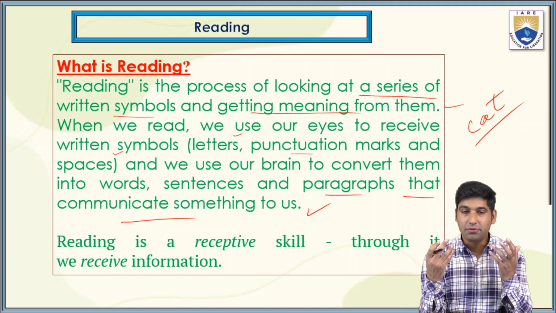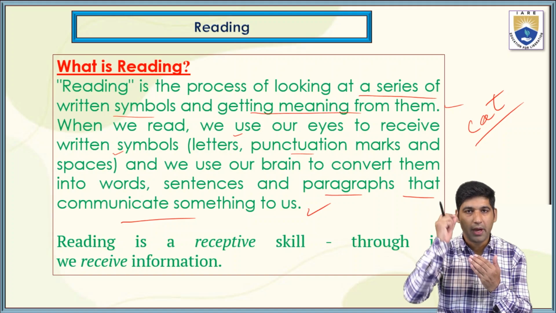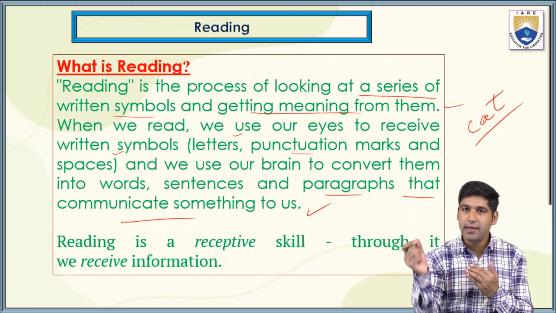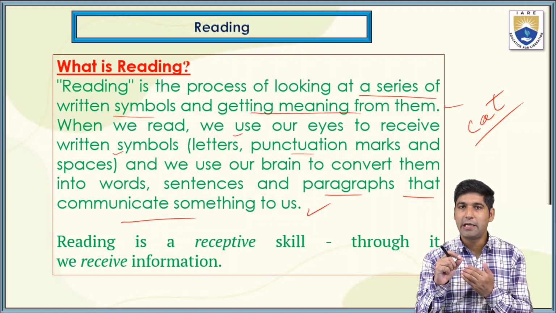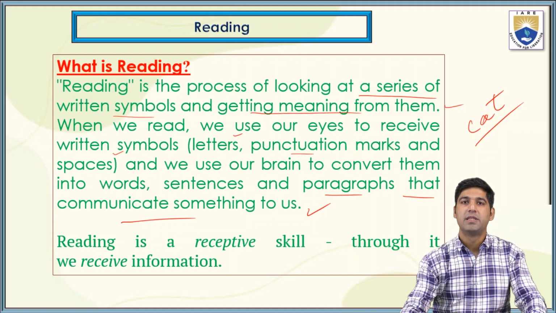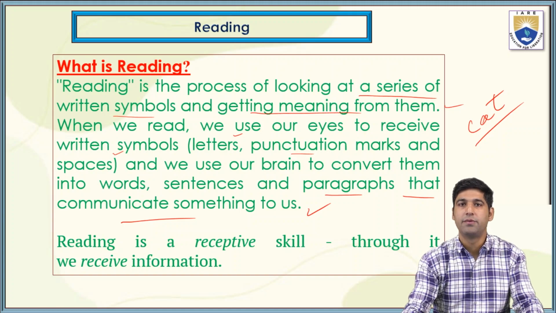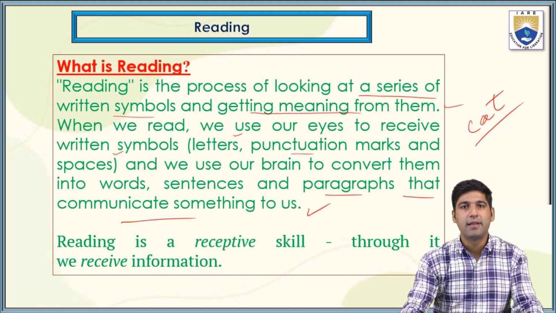So you do not have that sense to feel that you first read CAT, then it traveled to your mind, then your mind processed these letters and told you CAT. These three letters form a word, which is cat, and then your mind again tells you that wherever there is cat, it means it is an animal.